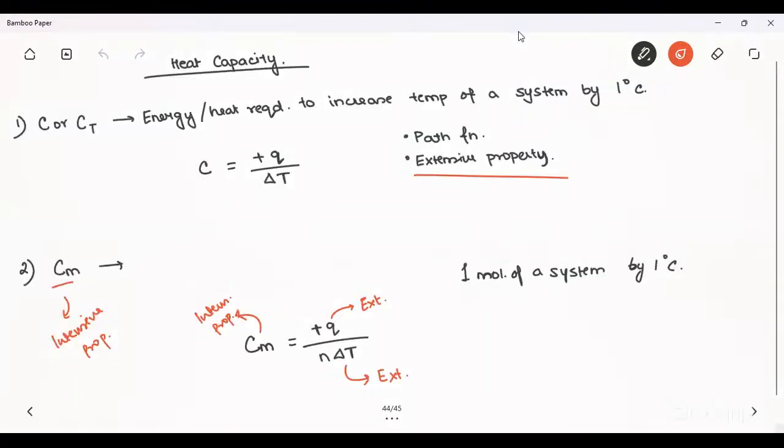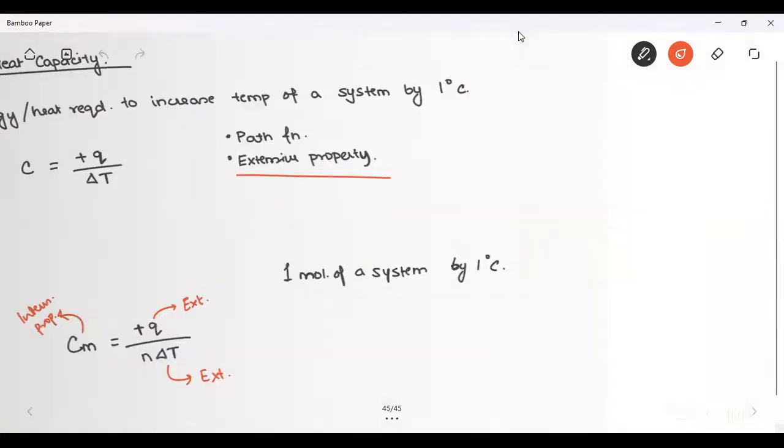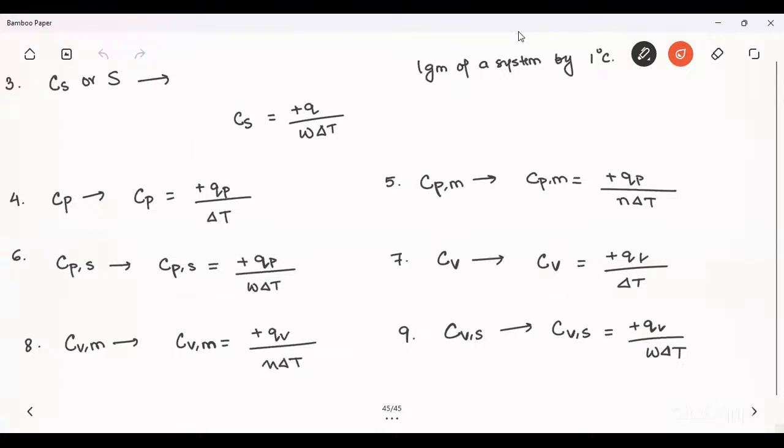I'm writing the terminologies also. This is the total heat capacity. CM is molar heat capacity. CS or S is the specific heat capacity.